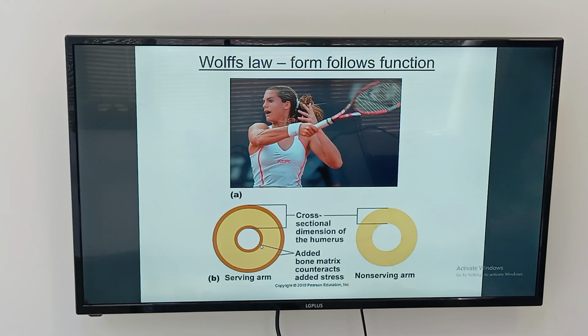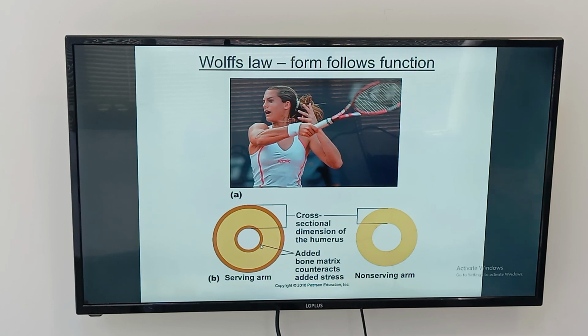So let's call your right hand the trained hand, or in this case the serving arm. While your left one, you also use it. As humans, we're not just going to use one hand. You also use your left hand, just not with the same frequency and concentration as your right hand.